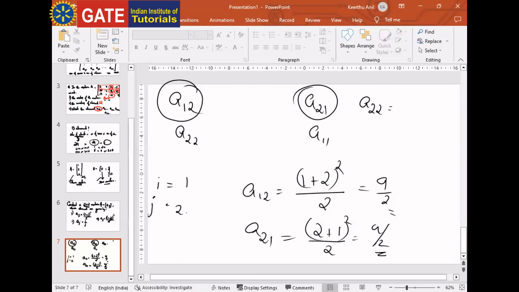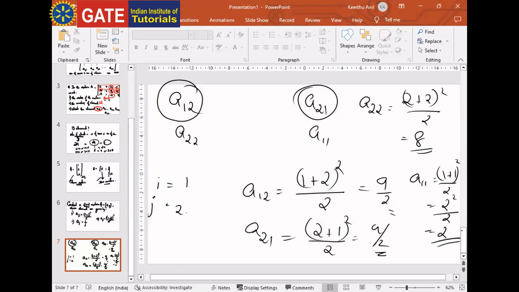Who is J? 2 itself is I and J. So (i plus j) the whole square means 2 plus 2 the whole square divided by 2. What is 2 plus 2? 4. 4 square means 16. 16 divided by 2 means 8. Now again A11. 1 plus 1 the whole square divided by 2. 1 plus 1 means 2. 2 square means 4, divided by 2 which is equal to 2.